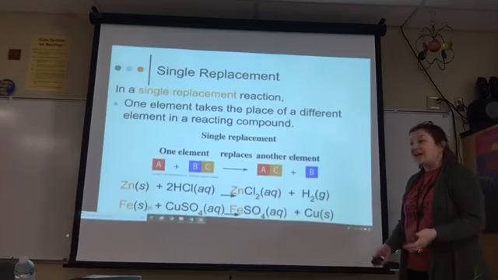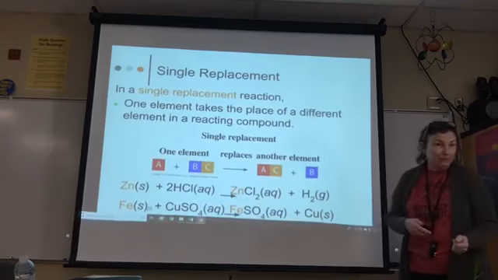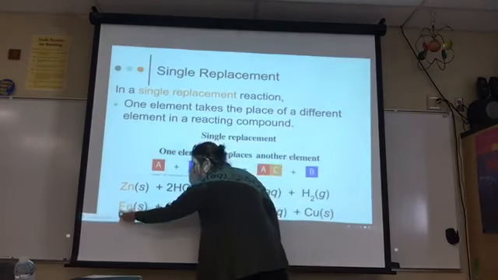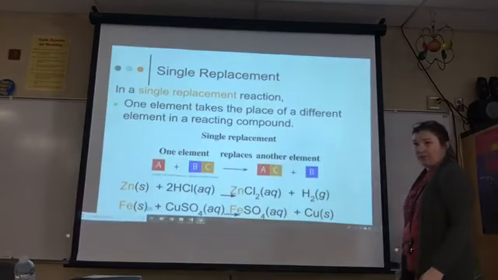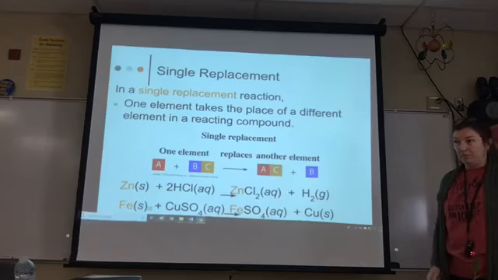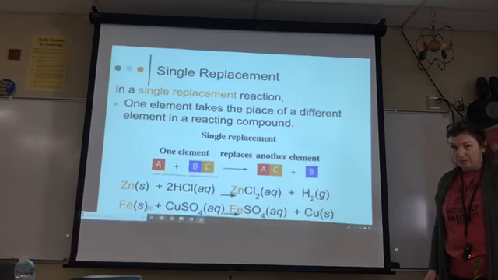And because it's a cation, one cation comes out, the other cation goes in. Down here, iron is by itself to begin with, copper is by itself to end with. Single replacement reaction. Does that make sense? Yeah.